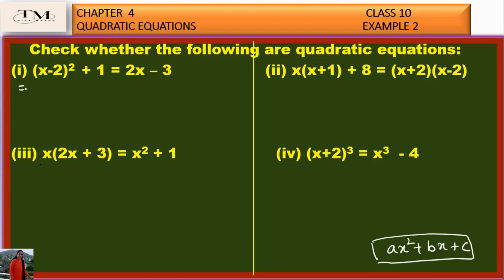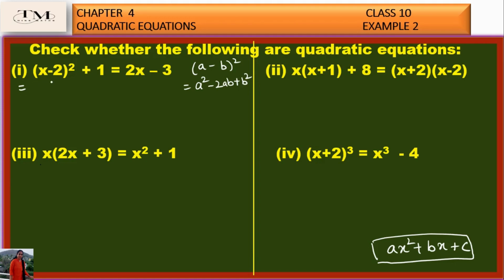The first problem is x minus 2 the whole square plus 1 equal to 2x minus 3. Do you know the formula for a minus b the whole square? It is a square minus 2ab plus b square.